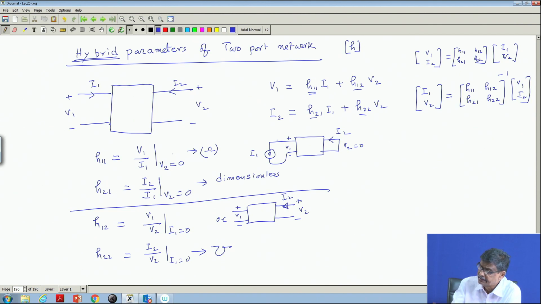If this inverse exists, these parameters, which we will not discuss in detail, are called the inverse H parameters, that is H21, G21 and G22.